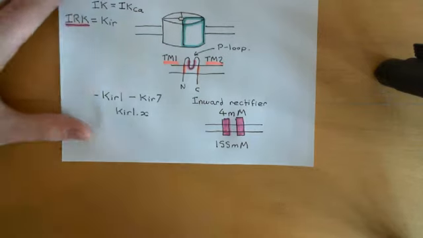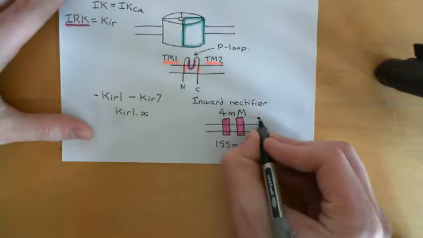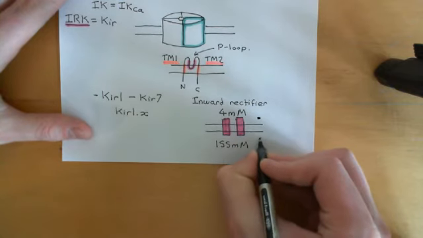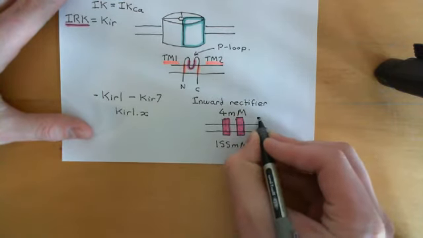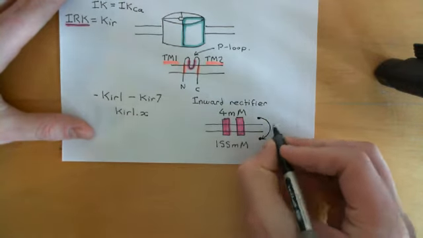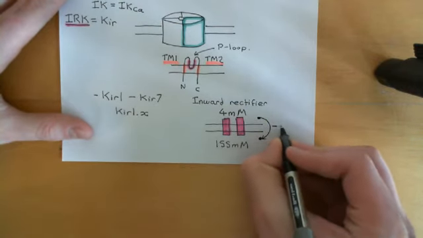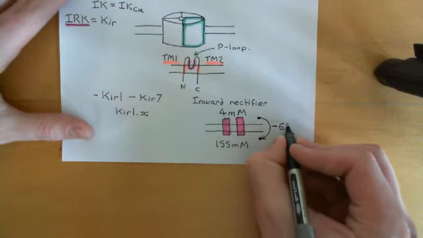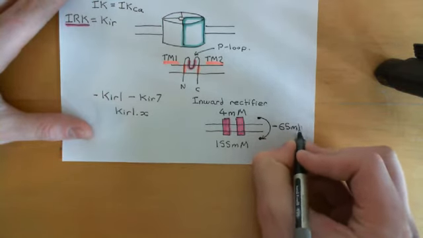In cells, we usually have an electrical potential difference across the cell membrane. There is a difference in the electrical potential extracellularly compared to the electrical potential intracellularly. Okay, and this electrical potential difference is usually somewhere around negative 65 millivolts.